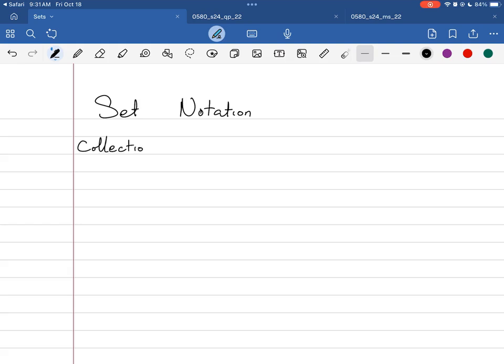These elements can be anything: numbers, letters, coordinates, but usually in math they are numbers. You can describe a set by writing the elements in curly brackets. So {1, 2, 3, 4}.